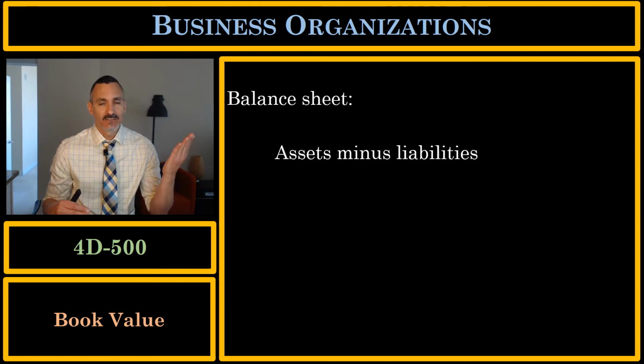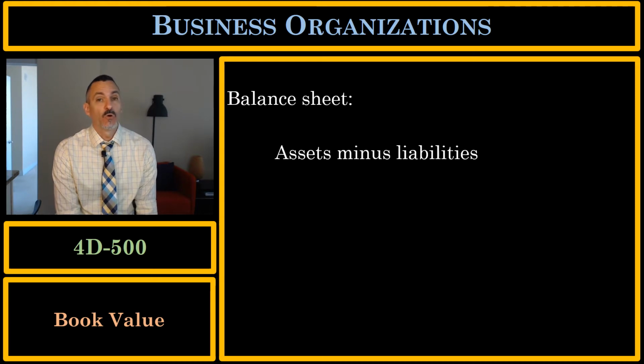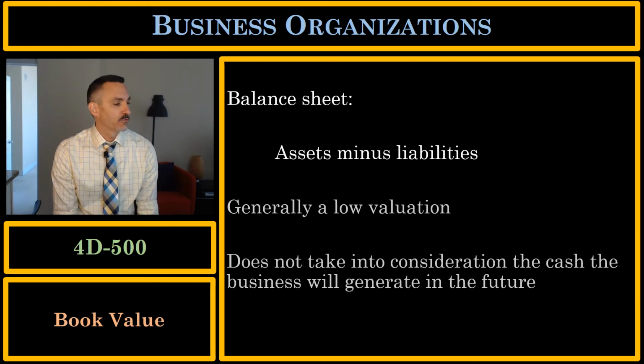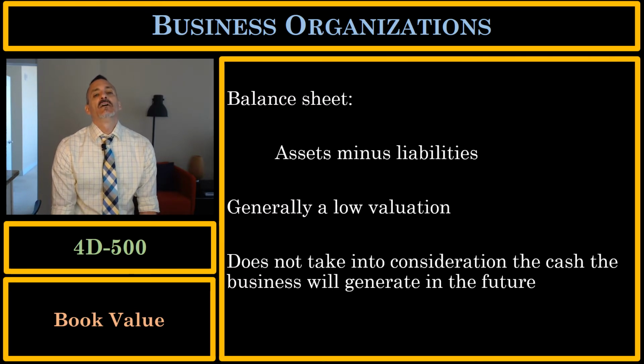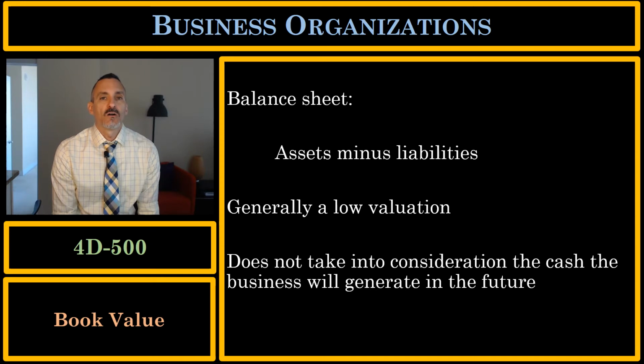So it's assets minus liabilities equals the owner's equity. So the balance sheet value or book value is just the assets minus the liabilities. This is a low valuation. Why is it a low valuation? Well, because it doesn't take into account the future cash flow of the company.